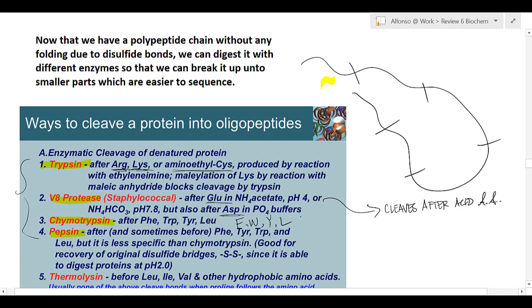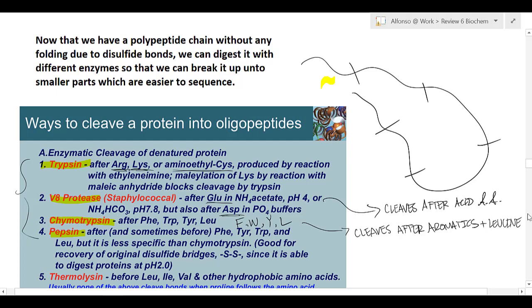What's the similarity between phenylalanine, tryptophan, and tyrosine? They're aromatic. So you can say that chymotrypsin cleaves after the aromatics, plus leucine.